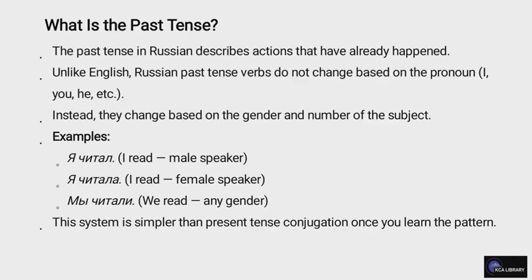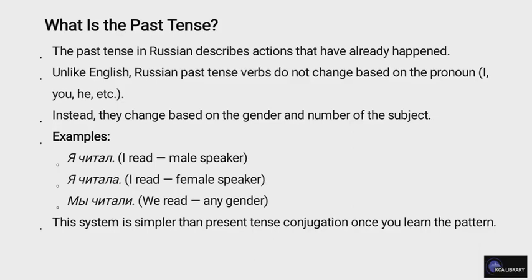What is the past tense? The past tense in Russian describes actions that have already happened. Unlike English, Russian past tense verbs do not change based on the pronoun I, you, he, etc. Instead, they change based on the gender and number of the subject.